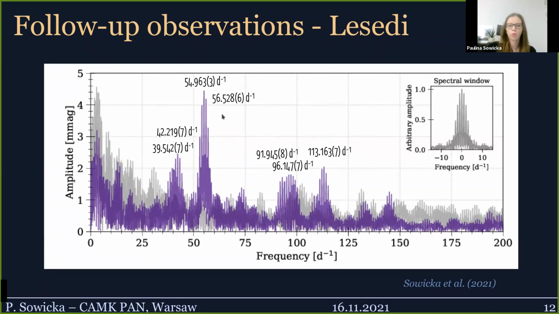And one thing has to be noted, that the higher frequency groups might be combination frequencies of the lower frequency groups, but these confirm the same variations that we already found in this very short light curve.